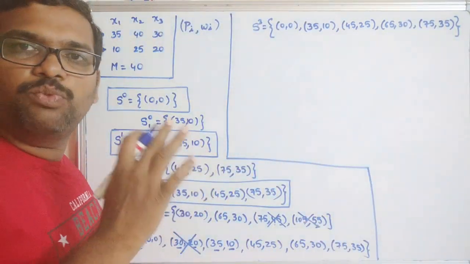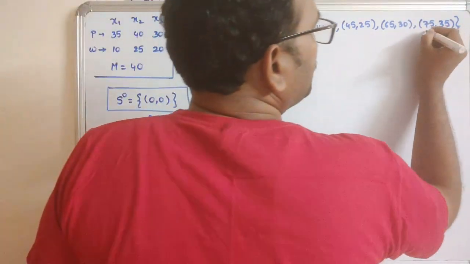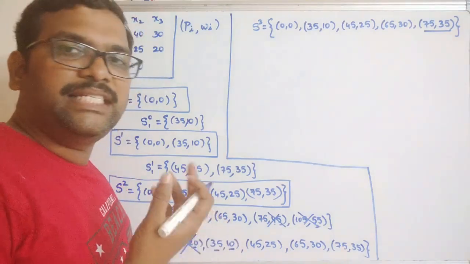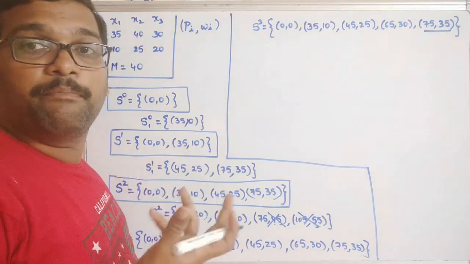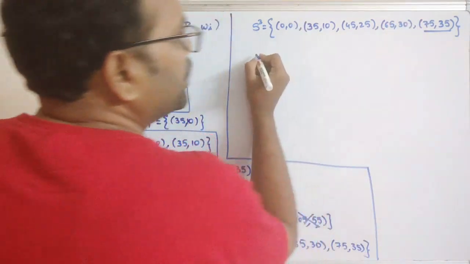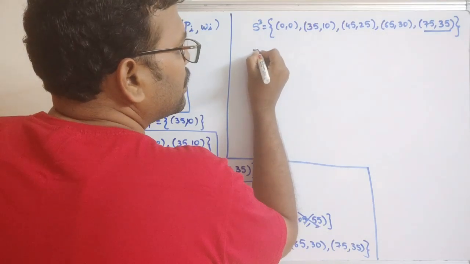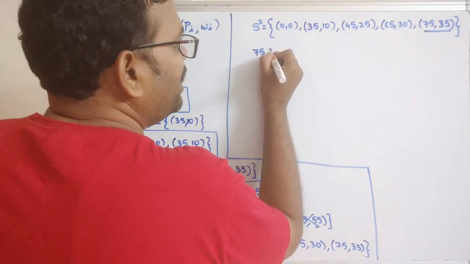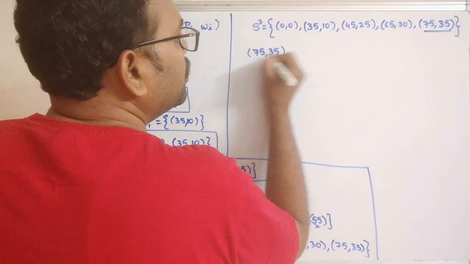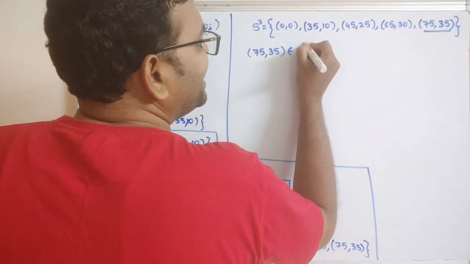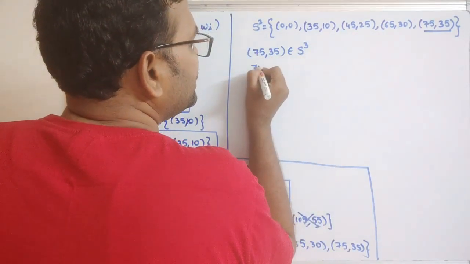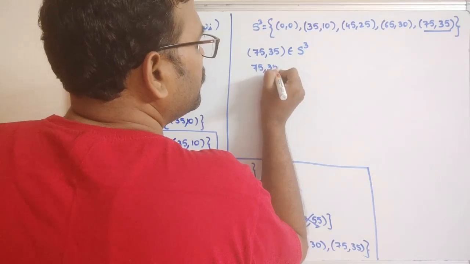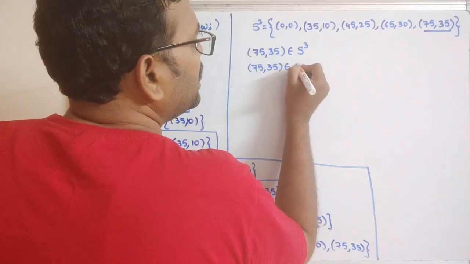So among these, we can see this is the maximum profit. We can get a maximum profit. Now we'll go with this one. So checking out 75, 35, which belongs to S3, and 75, 35 belongs to S2.